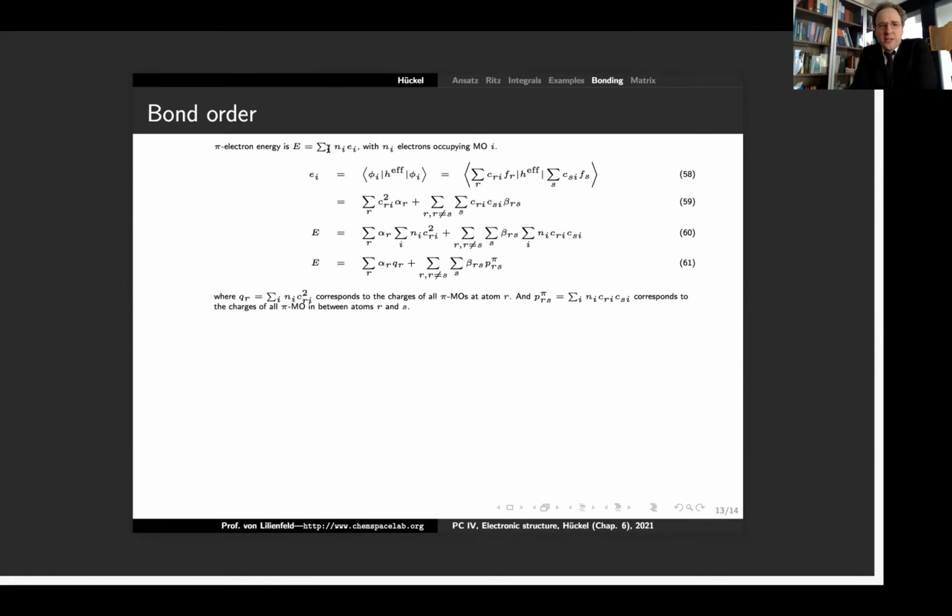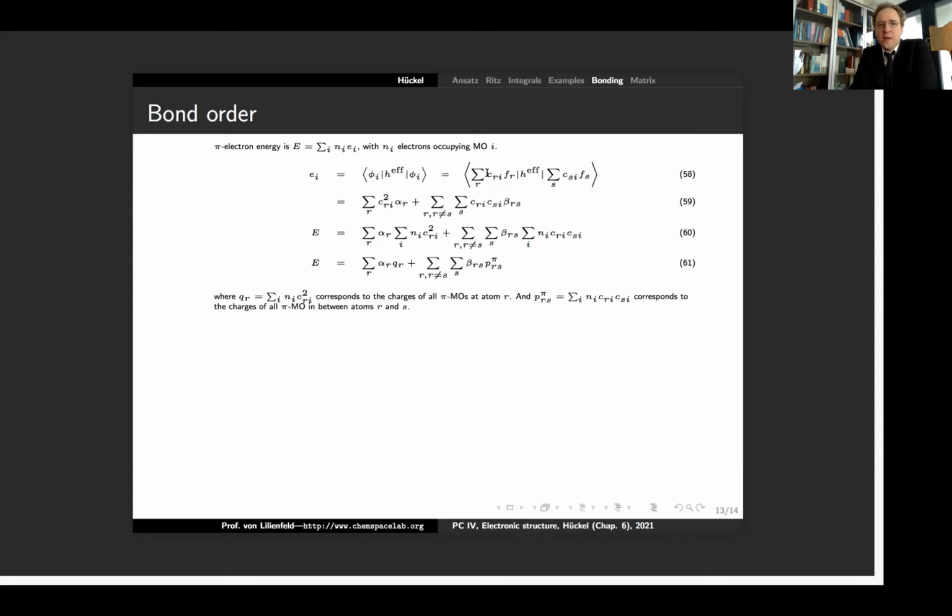If we now consider the eigenvalue I, it contains the Hamiltonian and our molecular orbital, and this is our solution now.